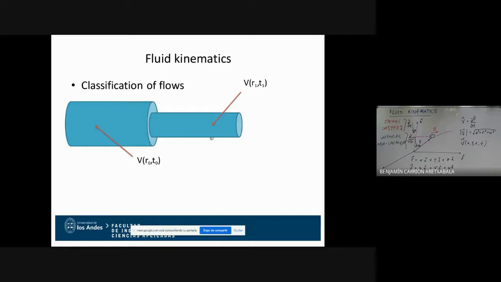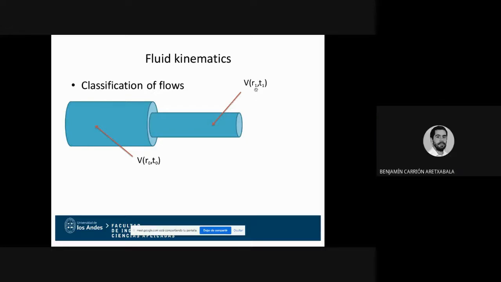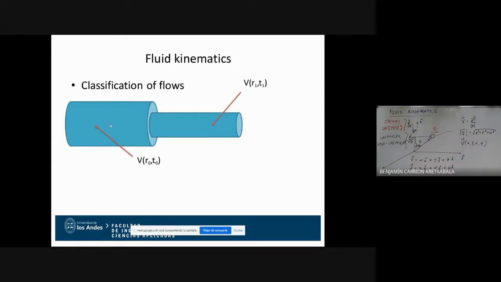So the velocity here should be larger. V at R1 should be larger than V at R naught, right? So in this case, your flow is going to be non-uniform because you have different velocities at different points at one moment in time.